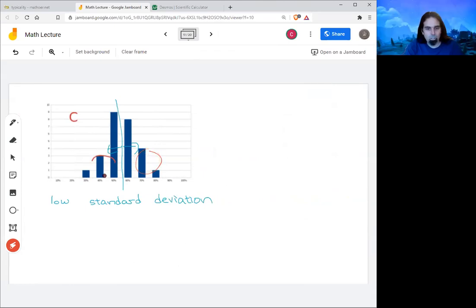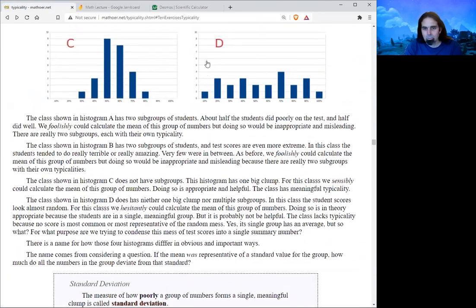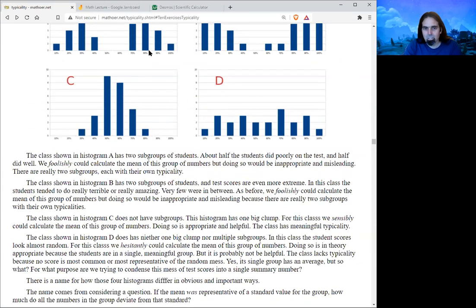More than average, less than average. Even this one that's sort of just all over the place.